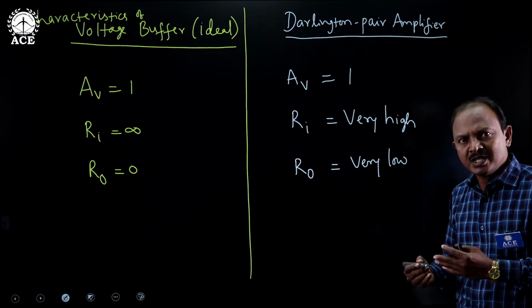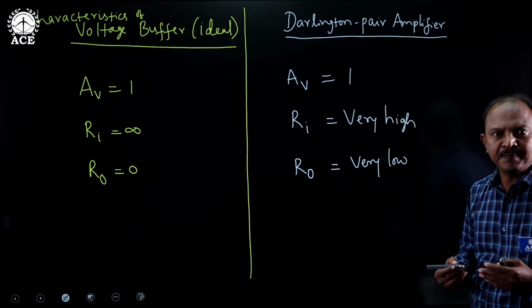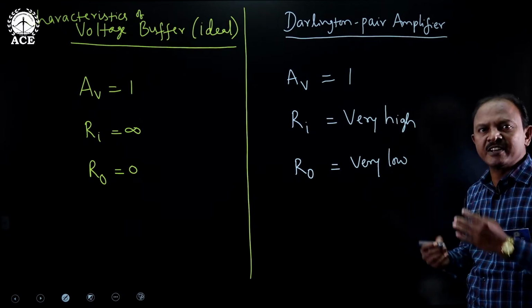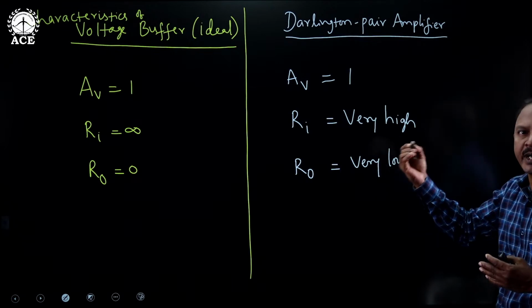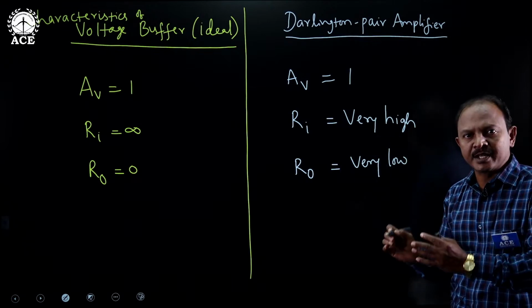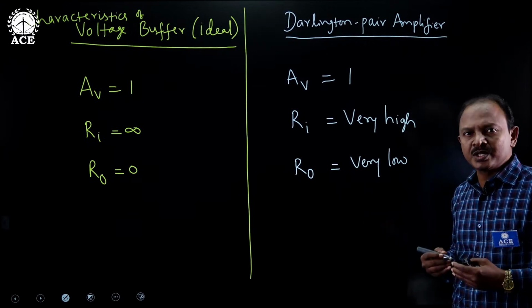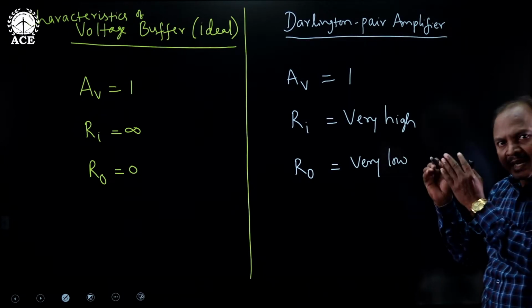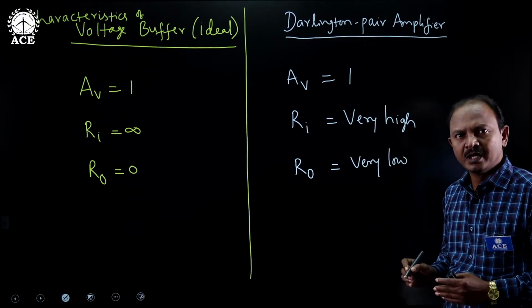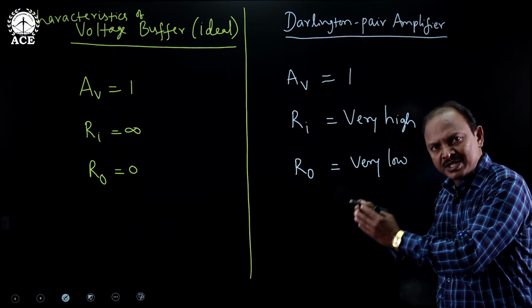The question was, draw the circuit of a high input resistance amplifier using Darlington pair and with necessary equations explain how it can be used as a voltage buffer in real-time electronic circuits. To answer that question, you have to analyze the second stage first in case 1, the first stage in case 2.